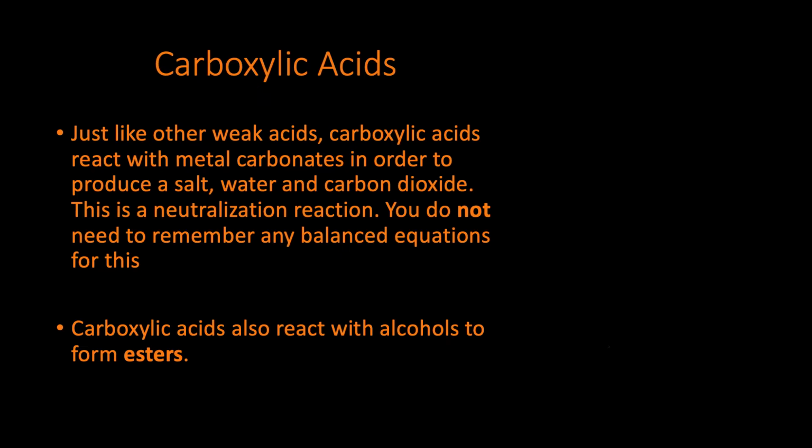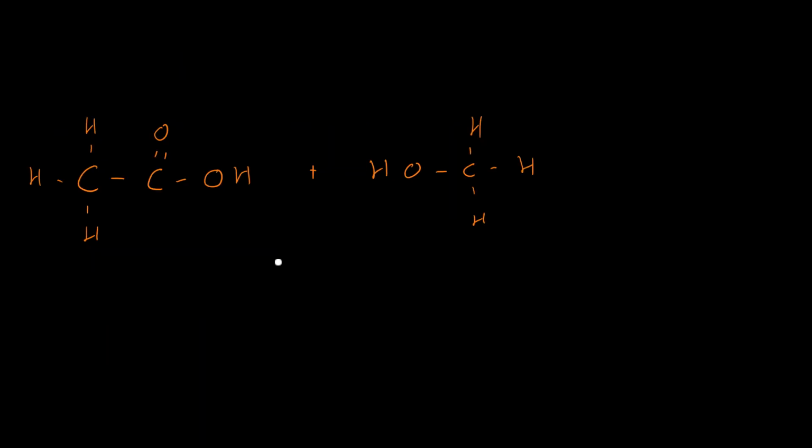Now, this is really important. So, if I had a carboxylic acid, which here is ethanoic acid, and here I'm adding to that methanol, because that is 1 carbon in an alcohol. Now what actually happens, well, I just jumped the gun there.